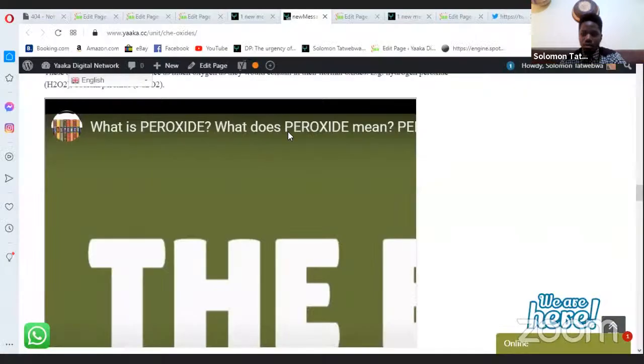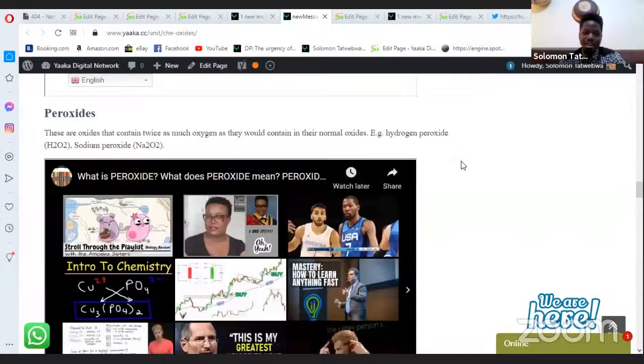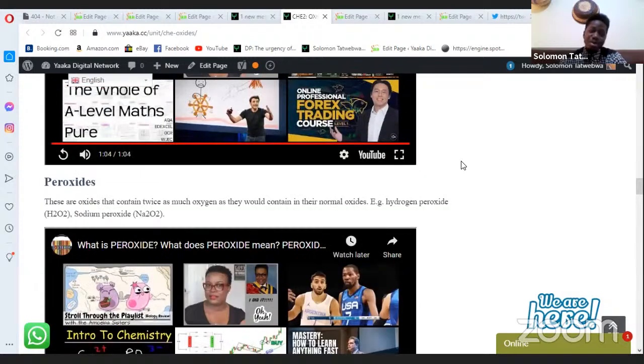Okay, so those are the peroxides. The information in there was all about the bonding in the peroxides. These two oxygens have a bond together, the oxygen to oxygen bond. And they told us that it is very unstable. Therefore, in the environment, you'll hardly find many traces of these peroxides because the environment makes sure that this bond is broken.